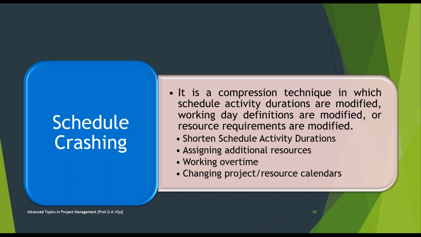While crashing, you will monitor other paths as well. It is possible that the duration of other paths would become equal to or greater than your critical path. A few examples of crashing techniques are overtime, more resources, and monetary awards: shorten the schedule activity duration, assign additional resources, work overtime, change project or resource calendars, etc.